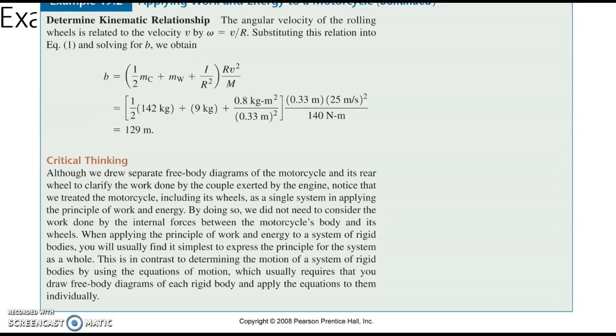So I can eliminate omega from that expression by substituting omega equals v over r. Then I get an expression where the only unknown is b. So finally I can plug in all my values that were given, the masses and the couple, etc., the velocity, and I can figure out what my distance b is equal to.